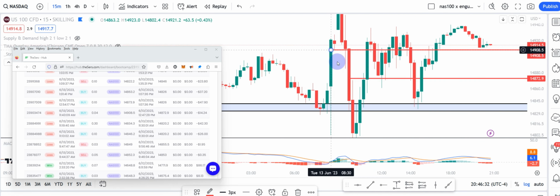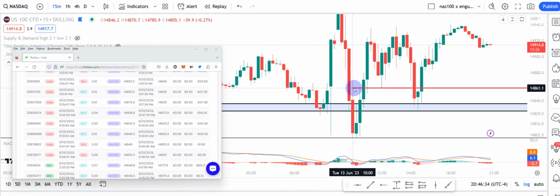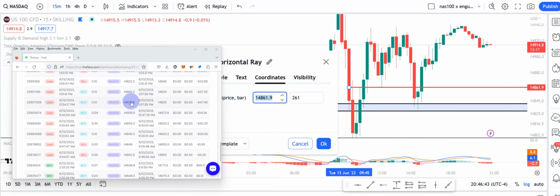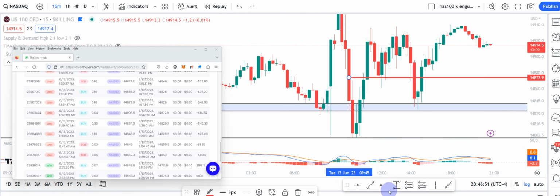Total loss of $14. Next trade now. Entered on the 9, still on the 945 candle. That's this one. I entered at 14873.9. That's where I entered, and then what happened here? I probably got stopped out. If this was a buy trade, yeah, I got stopped out pretty quickly.